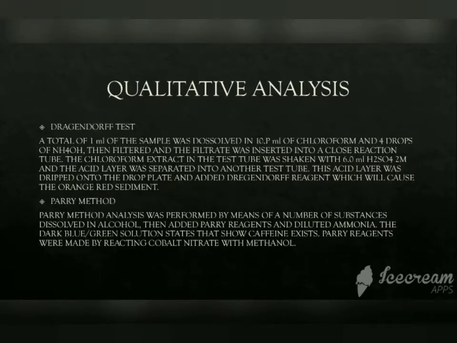Perimetric analysis was performed by means of a number of substances dissolved in alcohol, then added Pari reagent and diluted ammonia. The dark blue or green solution states that caffeine exists. Pari reagent was made by reacting cobalt nitrate with methanol.